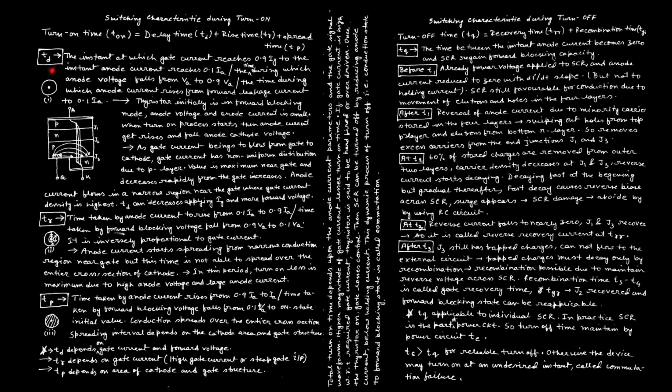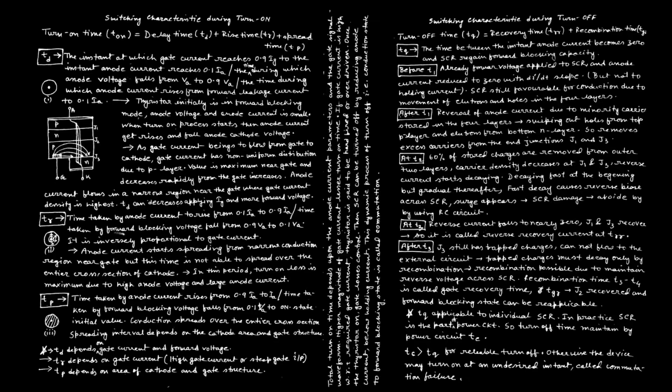It will cover a very narrow region across the gate. That is why we can say the thyristor is initially in forward biasing mode, and the anode voltage and anode current are small when the turn-on process starts.